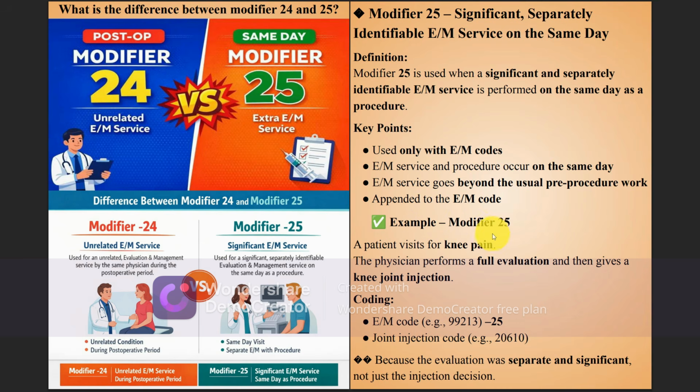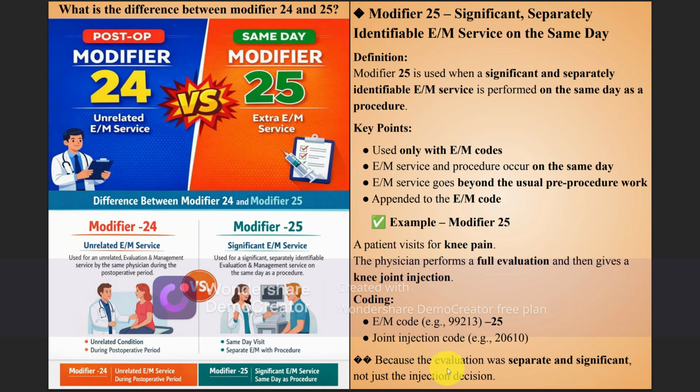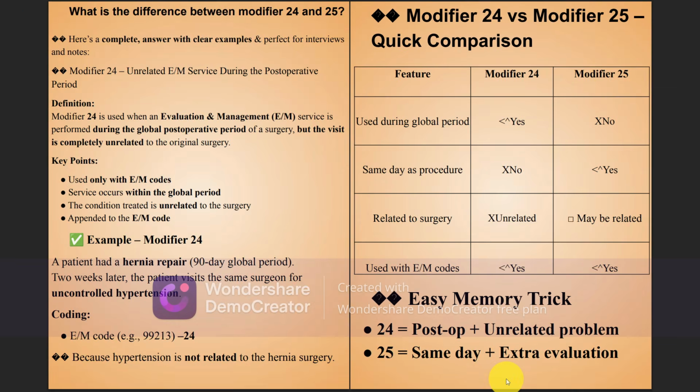Example of 25 modifier: a patient visits for knee pain. The physician performs a full evaluation and then gives a knee joint injection. Coding: E&M code, for example 99213 with 25 modifier, and joint injection code 20610. Note: the evaluation was separate and significant, not just the injection decision. Hope this point is clear for you.